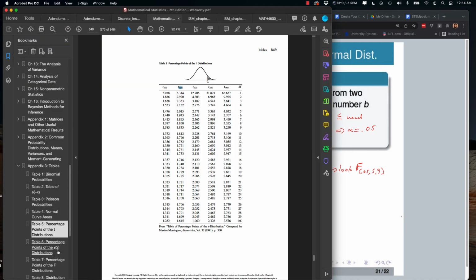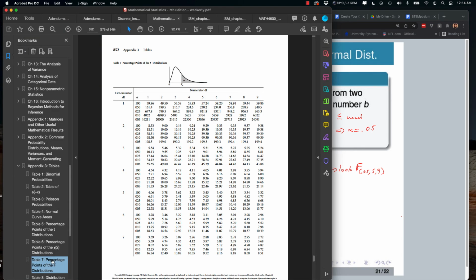So what we get when we do that, go into the F distribution table, and you notice the numerator degrees of freedom are up here. Numerator degrees of freedom is 5.